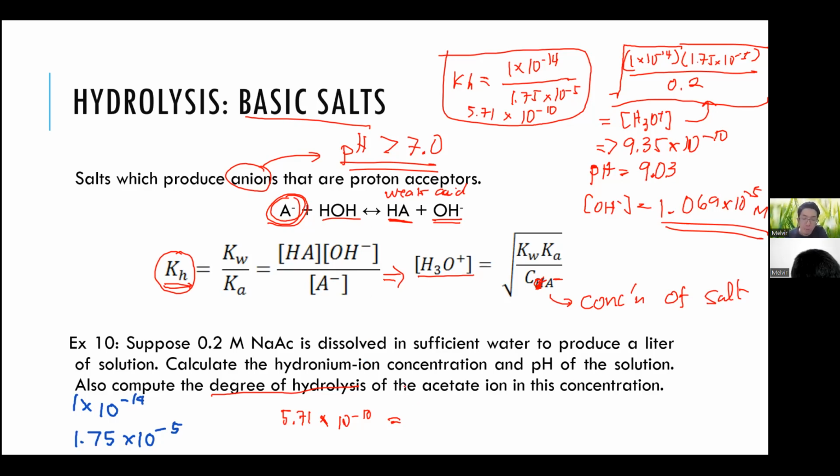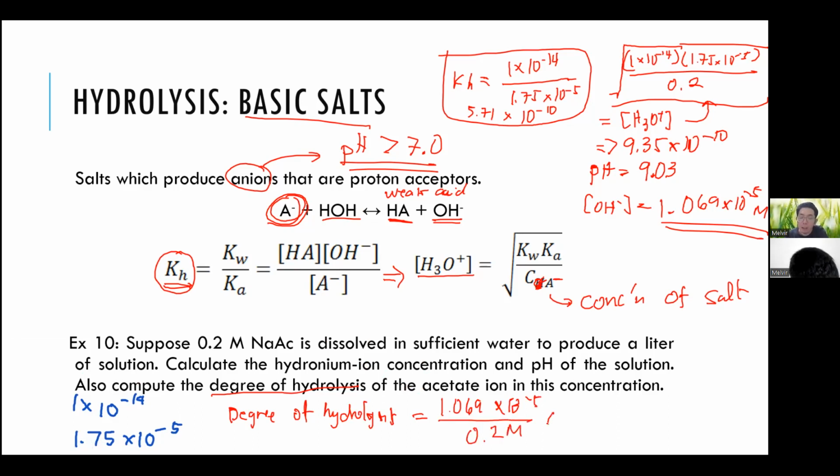So OH minus, let me erase this. The degree of hydrolysis, kumbaga. So the degree of hydrolysis is equal to, what you formed is only 1.069 times 10 to the negative 5, out of 0.2 molar.